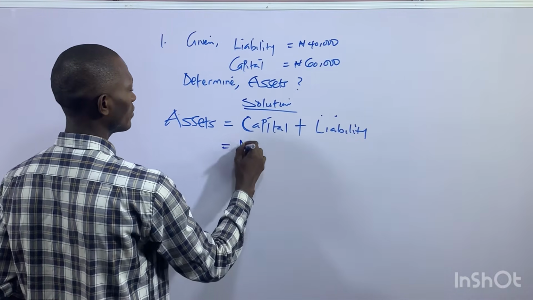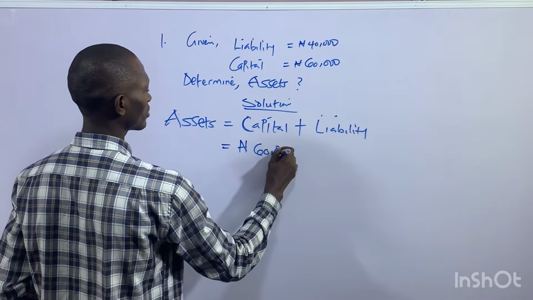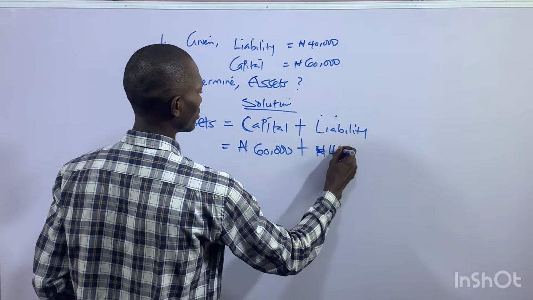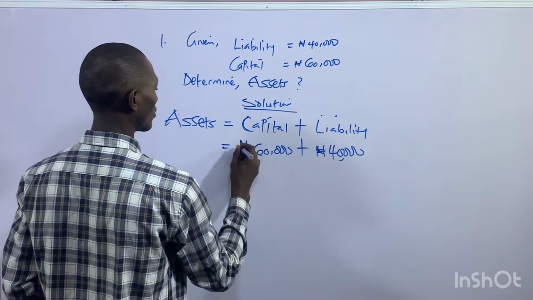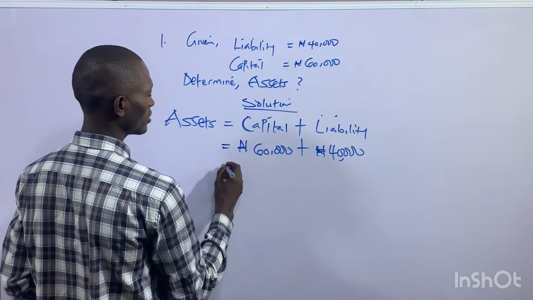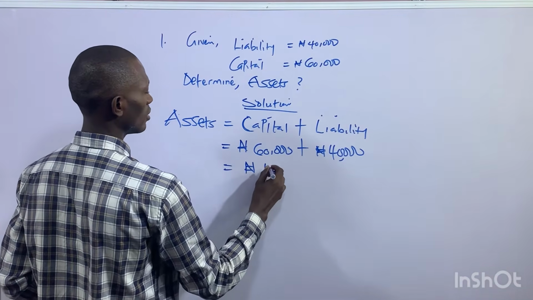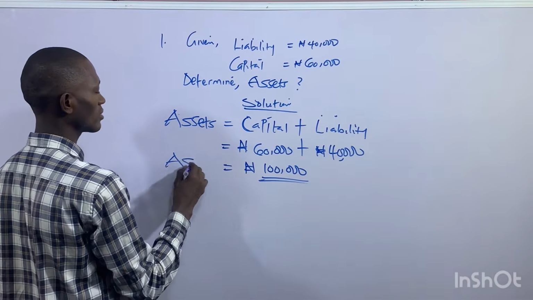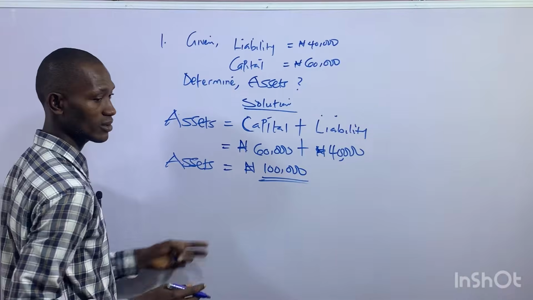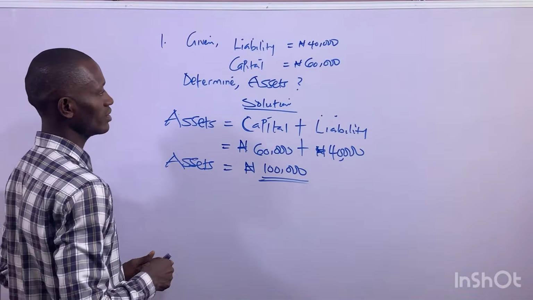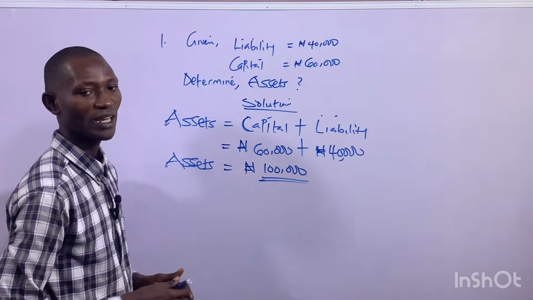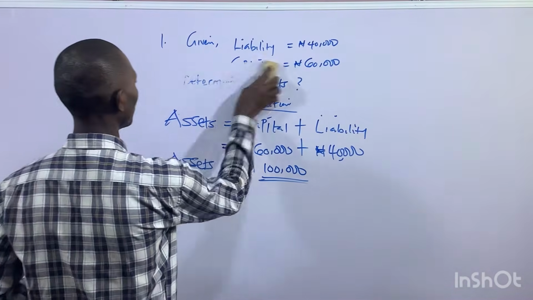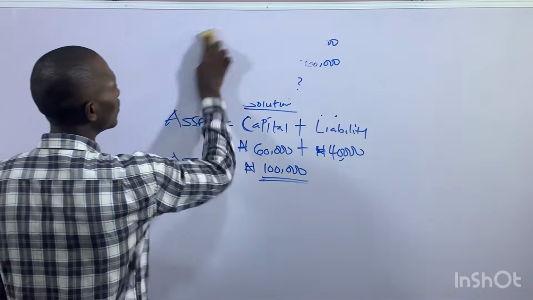So here you have 60,000 plus 40,000. So 60 plus 40, that gives us 100,000. So our asset is 100,000. So your asset is capital plus liability. So that's illustration one.